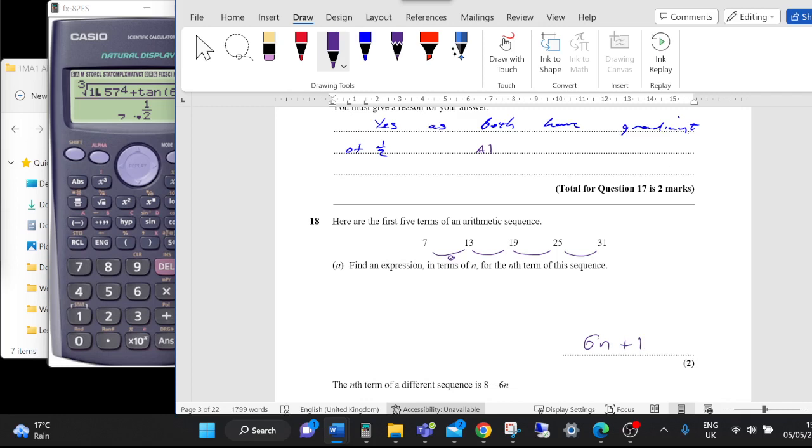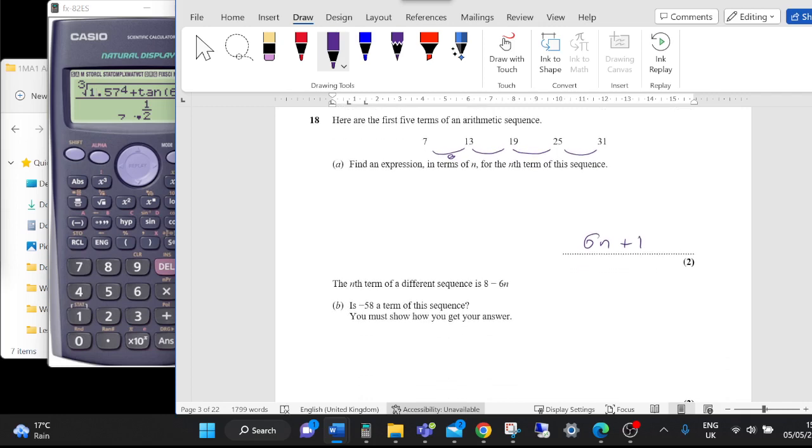For part B, the nth term of a different sequence is 8 minus 6n. Is minus 58 a term in this sequence? So basically, we need to work out whether 8 minus 6n can be equal to minus 58.